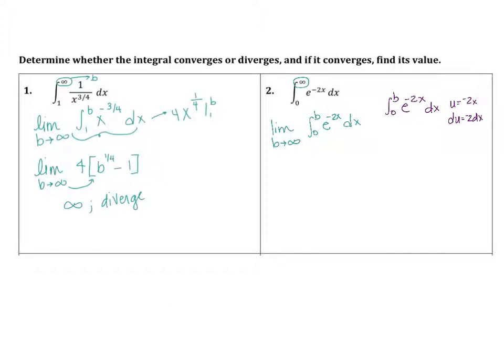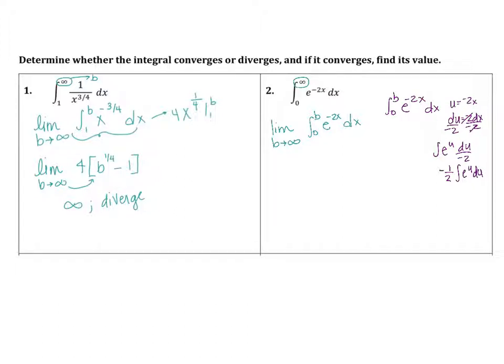And so notice that if we divide by that negative 2, then we go back and fill in. We're integrating e to the u, and then dx is equal to du over negative 2. And so we really have that negative 1/2 integral of e to the u du.